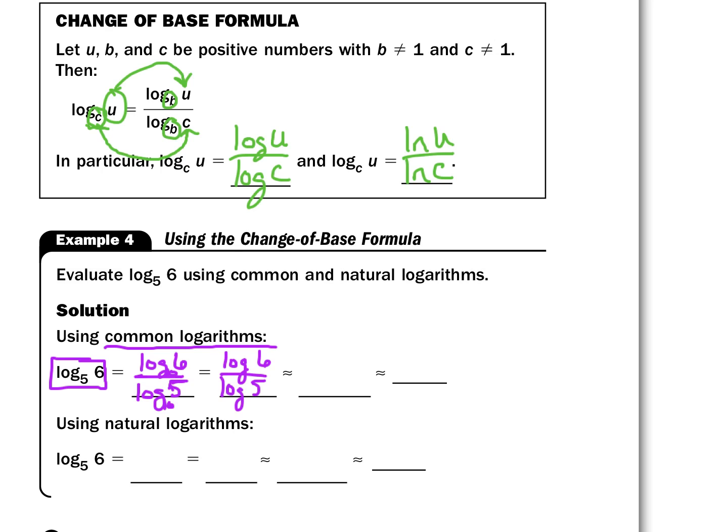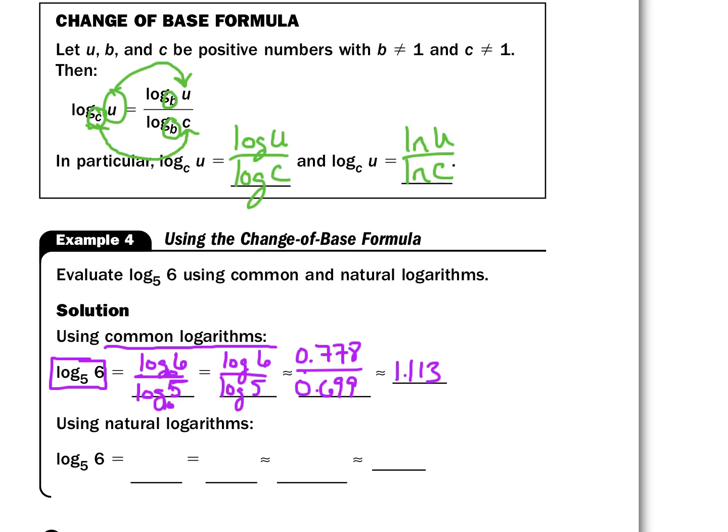Log of 6 is approximately 0.778 over the log of 5, which is approximately 0.699. And when you do that on the calculator, you get approximately 1.113.